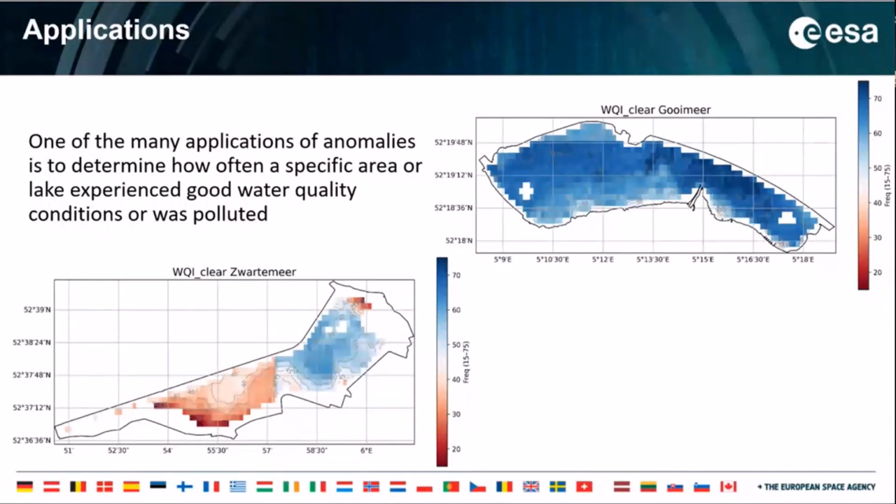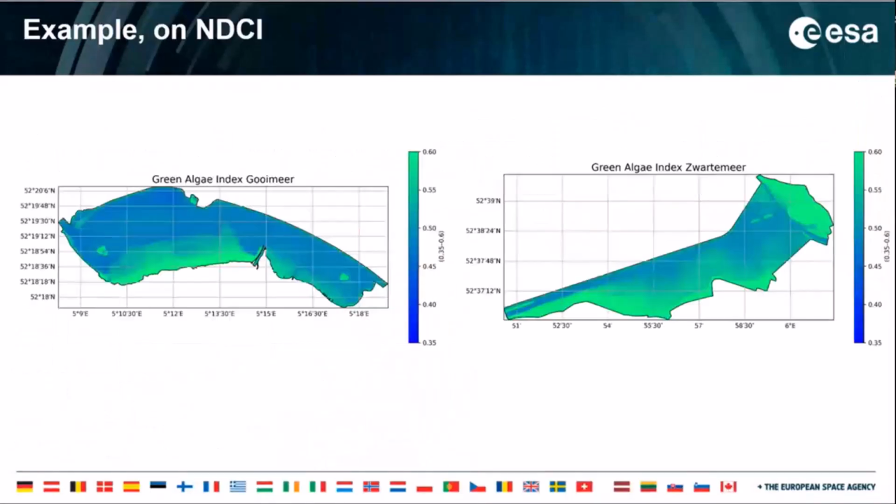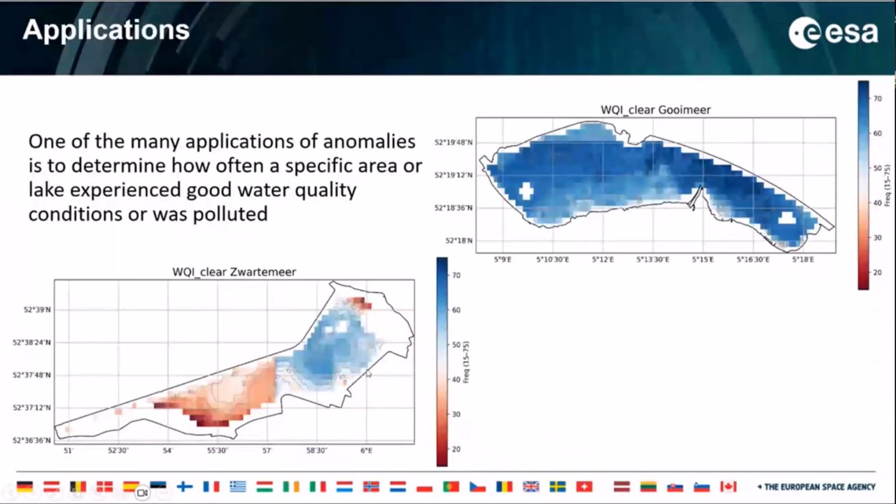You use a very simple index to detect and to count the number of months where a specific area has exhibited good conditions. I just come back to these two lakes. You could see this lake, for instance, where clear water is expected to be here, and you could see it has indeed been detected, but then we can put a number on it.